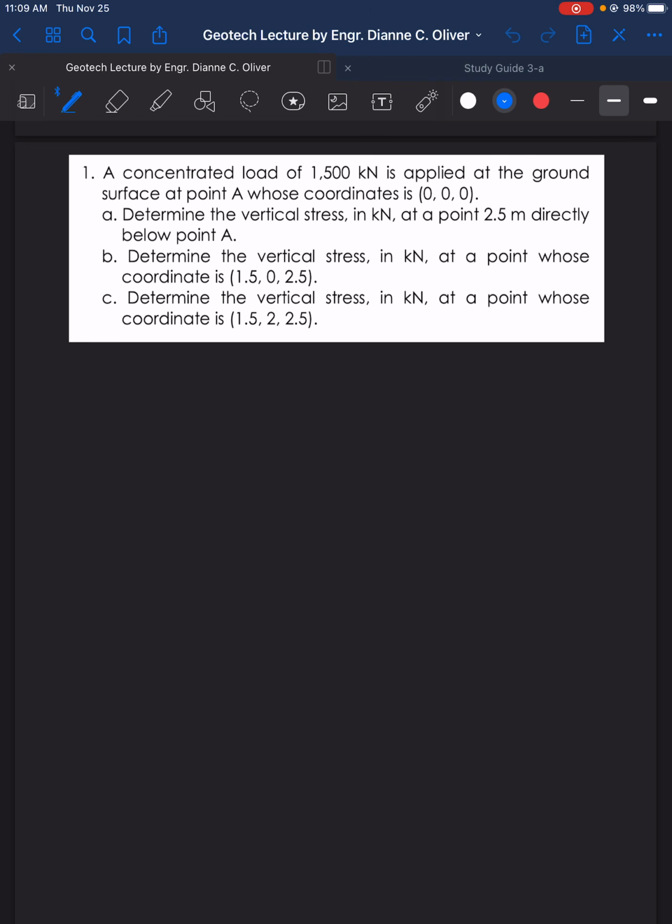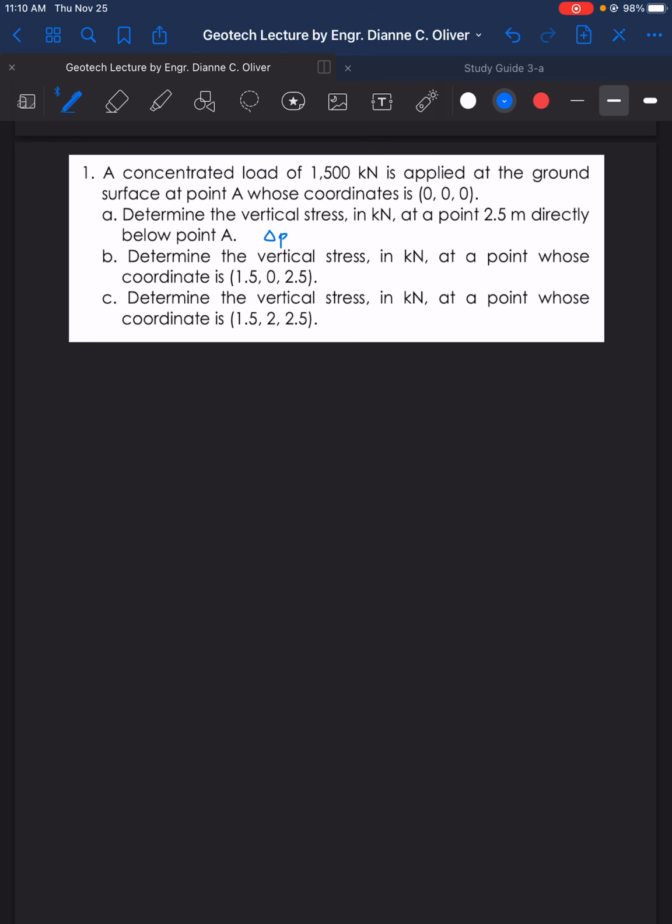Then C, determine the vertical stress in kilonewton at a point whose coordinate is 1.5, 2, and 2.5. So, we're looking for the delta P. Right?